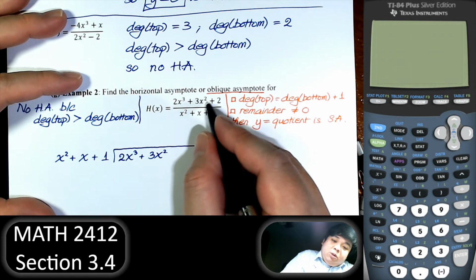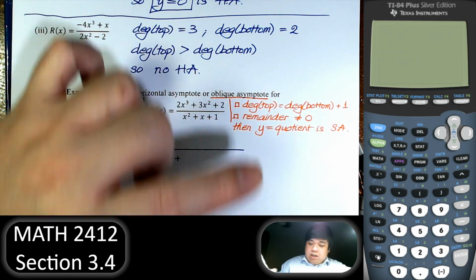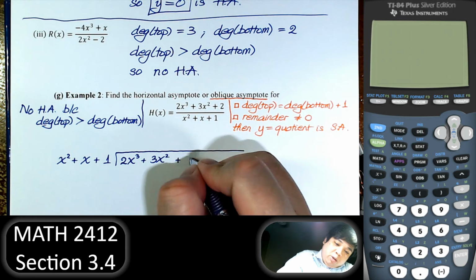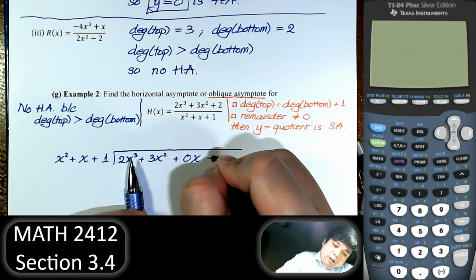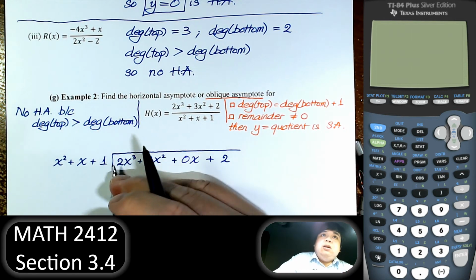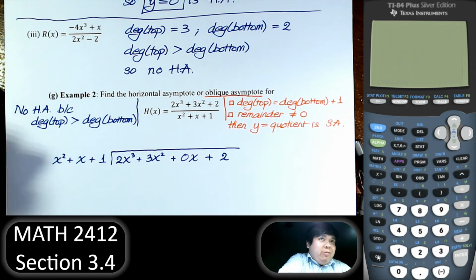Notice that we have to have a placeholder, because there's no x term there. So we have all the places for everything.